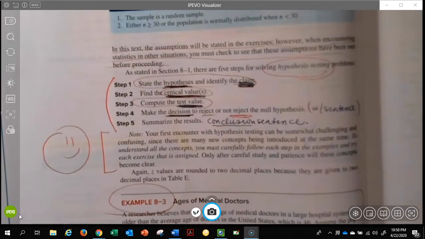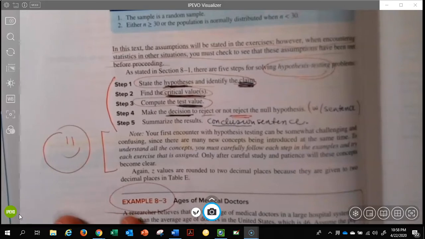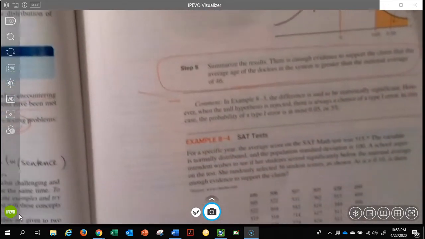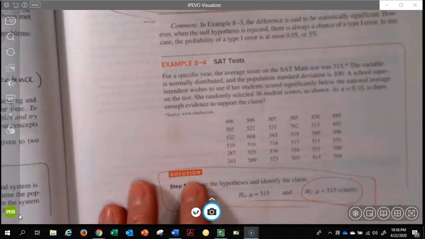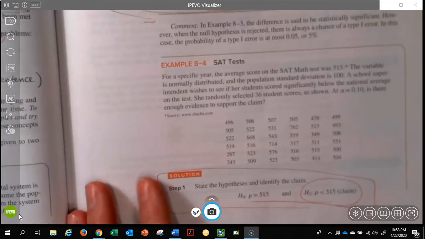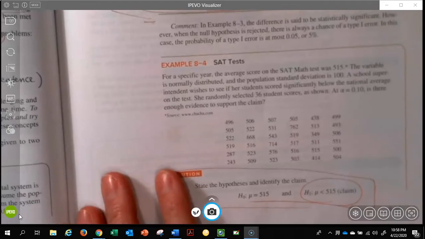I've already asked you to watch a video. I've already asked you to do example 8-3, but because this is such a lengthy process, I wanted us together to go through two examples.